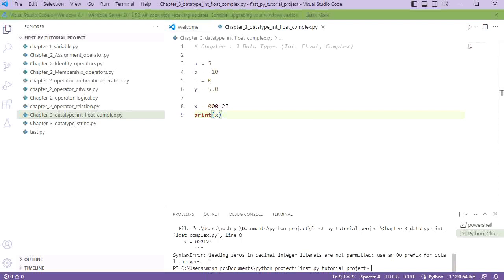Here you can see, leading zeros in decimal integer literals are not permitted. Now it has become an integer.